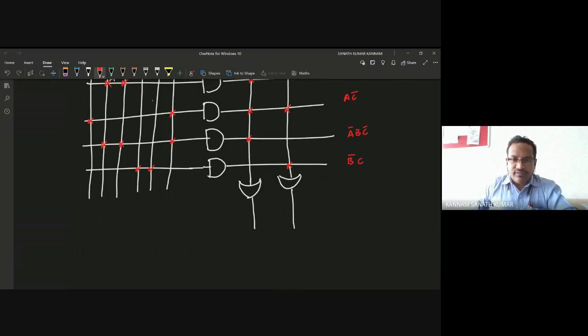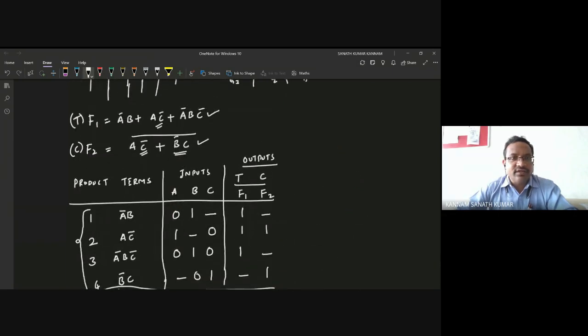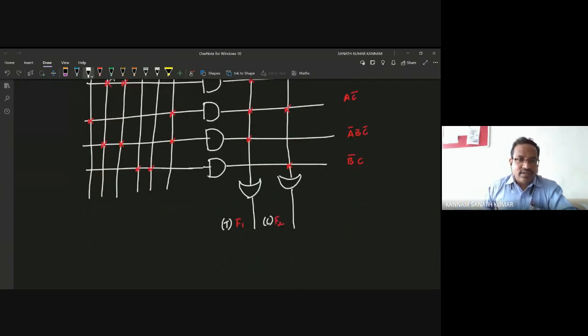Here you will get the functions F1 and F2. But actually this F1 is in true form, while F2 is in what? Complemented form. That means you need a complement of this one. Here you should get AC bar plus B bar C, whole bar. How can you make that? You can program it with an XOR gate.